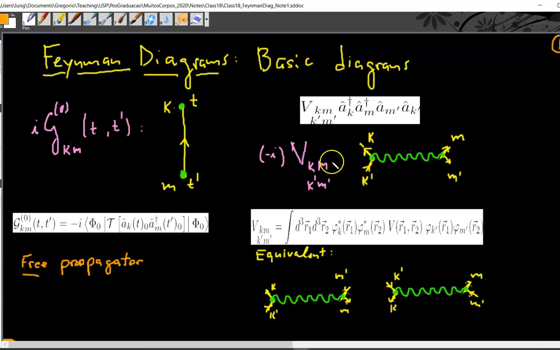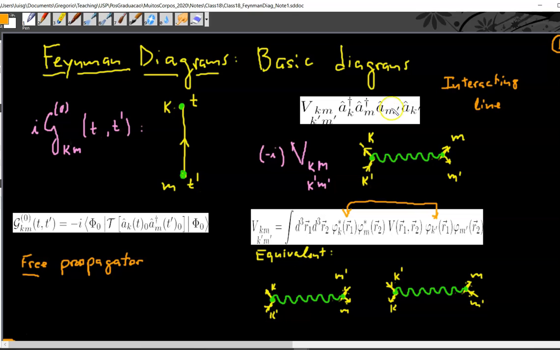Now we have the interaction, and that's the interacting line. So it's a process like this. It involves destroying an operator at state k prime and creating at k. And remember, these are the same positions, right? So let's put it in orange. So this is position R1, right? K and k prime.